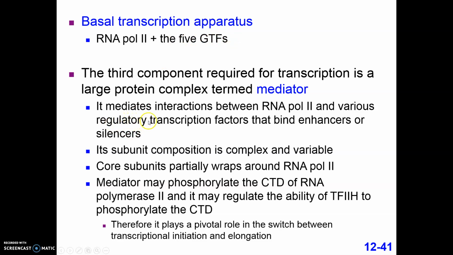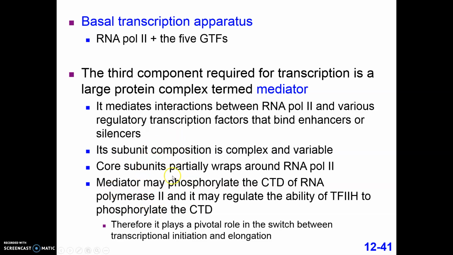These are involved in upregulating or downregulating that particular gene. Those transcription factors bind things called enhancers or silencers. Enhancers, you can guess that they enhance transcription. Silencers will block transcription.